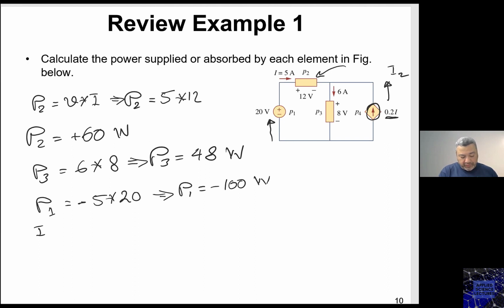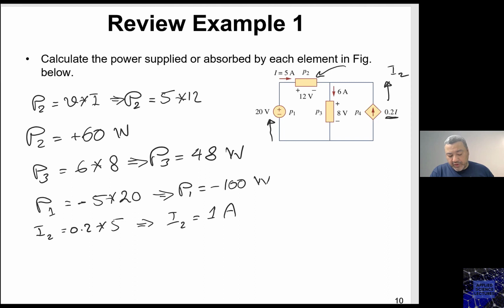So I have I2 here as 0.2 times 5. I2 is 1 ampere, right?